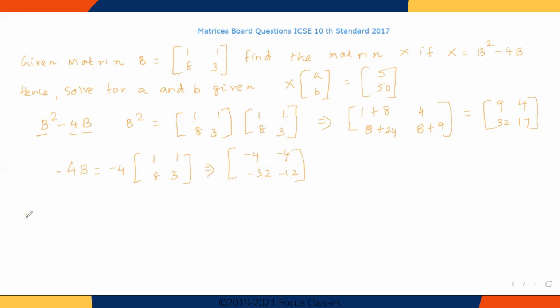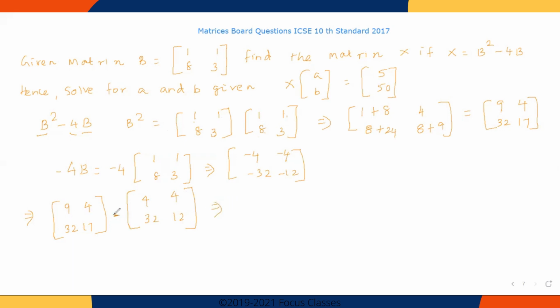Now B square minus 4B is what we have to find out. Here we have minus signs everywhere, so we can take the minus outside and write it as plus. So for subtraction, it will be easy.